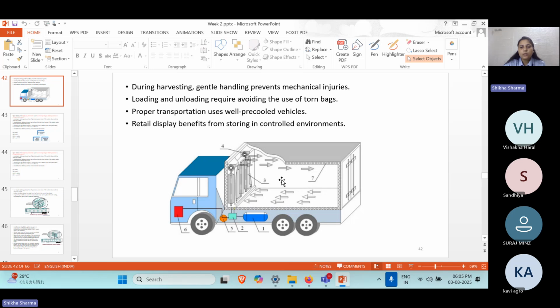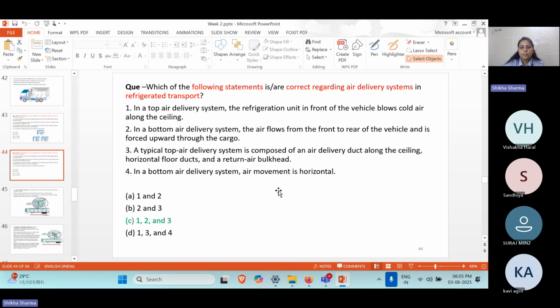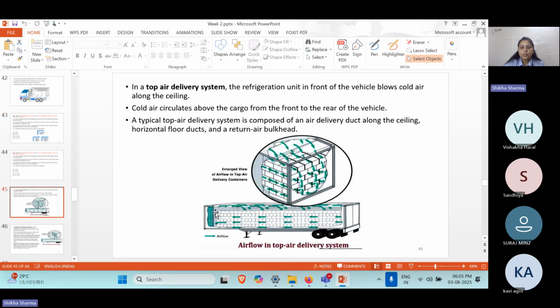In this kind of air circulation system, air flows from the ceiling to the end of the vehicle, and then flows in different channels and also to the bottom, and from the bottom it is released. That is the cold top air delivery system.